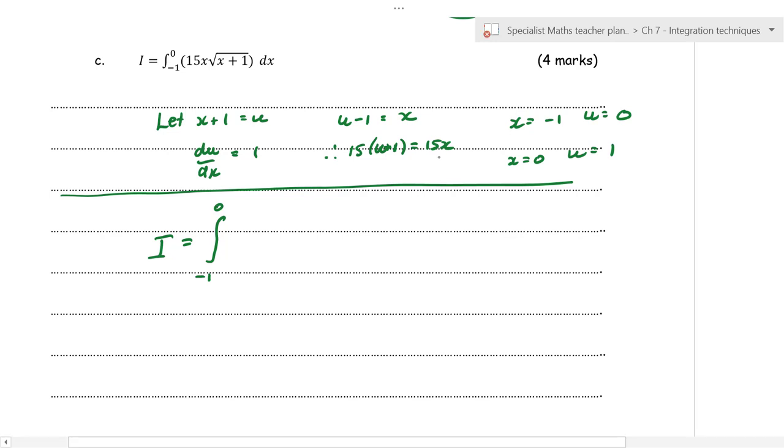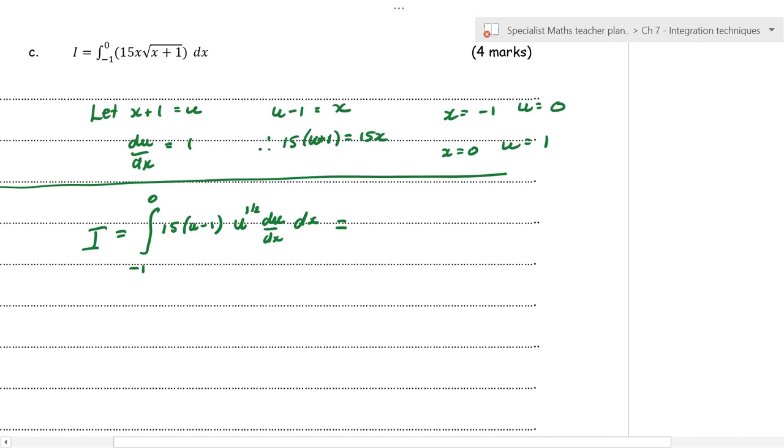But what we can say is 15x is equal to 15 times u minus 1, and then that's times u to the power of a half du dx, like so. Now I can go ahead and change the terminals. Just swap. So negative 1 becomes a 0, and the 0 becomes a 1.